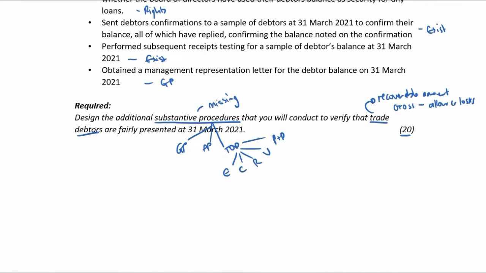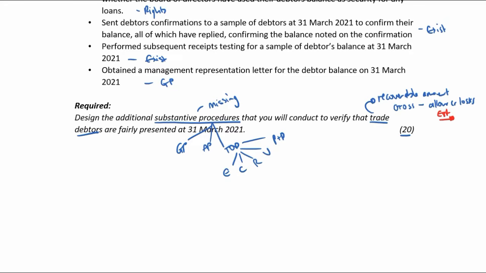So now I already know, we've got an allowance, which means there's an estimate here. And so I know I've got lots of procedures for the estimate, and then there's a gross amount, so I'll have to look at that too. Okay, so guys, I've assessed what I need to be doing.